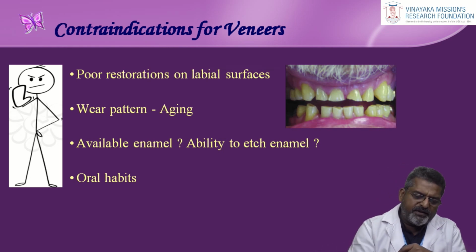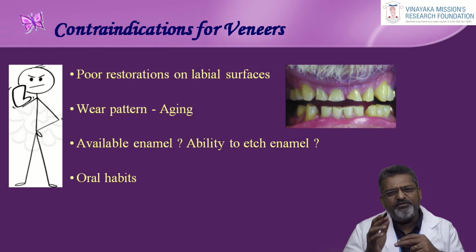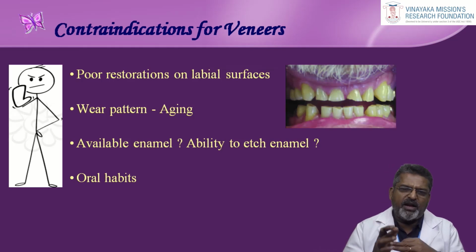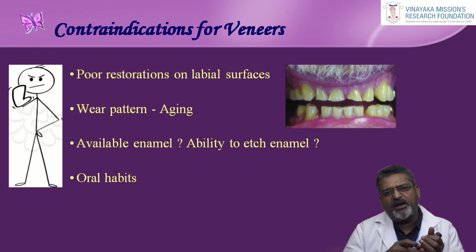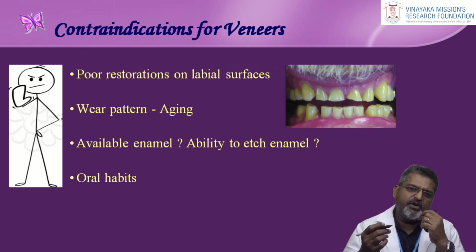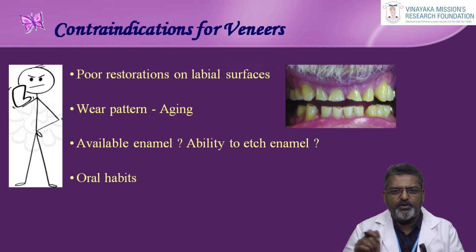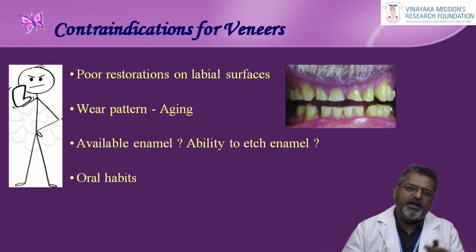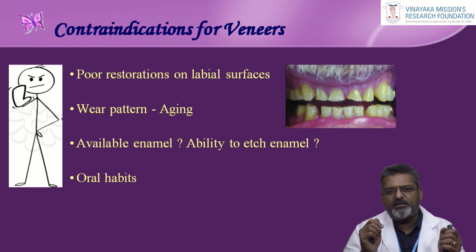Okay. So next is oral habits. If the patient has oral habits, some are occupational hazards or occupational habits. You can see patients holding a nail with the anterior tooth, because every time they will not be able to pick up the nail, so some patients will be biting the nail one by one and doing the work.